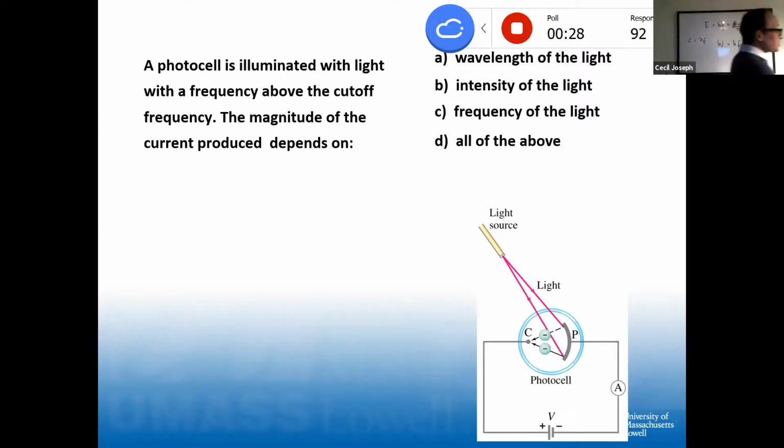So an increase in the magnitude of current depends on how many electrons are ejected. The more electrons ejected, the larger Q is, so the larger the photocurrent. So this question is essentially asking, how do I increase the number of electrons that are ejected? That's what the current in this system becomes.